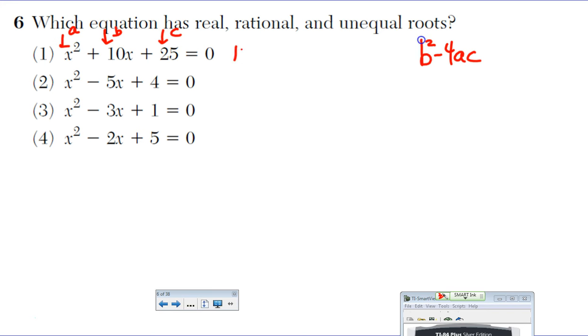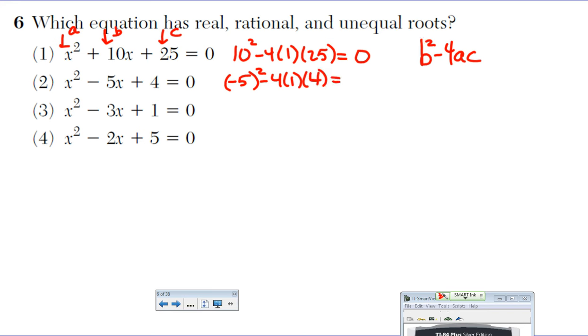So for problem 1, if I find the value, I get 10 squared minus 4 times 1 times 25, and if you calculate that in your calculator, you'll get 0. Problem 2, negative 5, and don't forget to put parentheses around it, squared, minus 4 times 1 times 4, 4c.